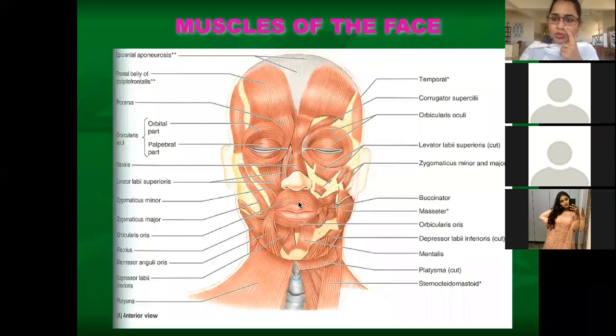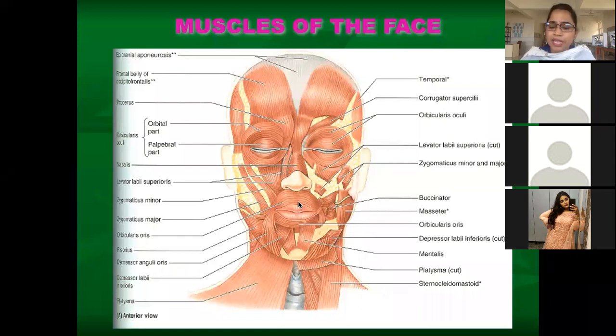Nasi means nose. So what is this muscle causing? It causes elevation of the upper lip along with the nose, and it causes nasolabial fold formation. What is this muscle called? Levator labii superioris alaeque nasi.